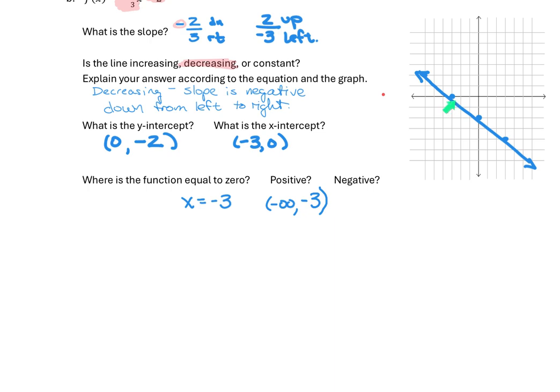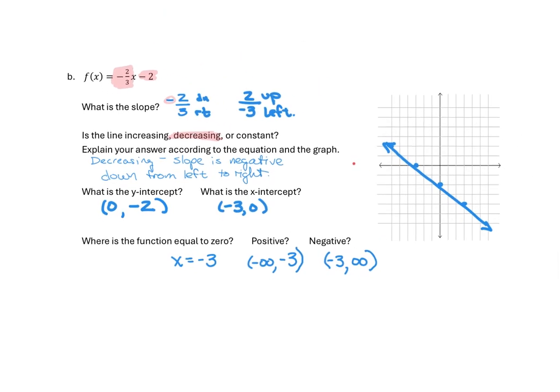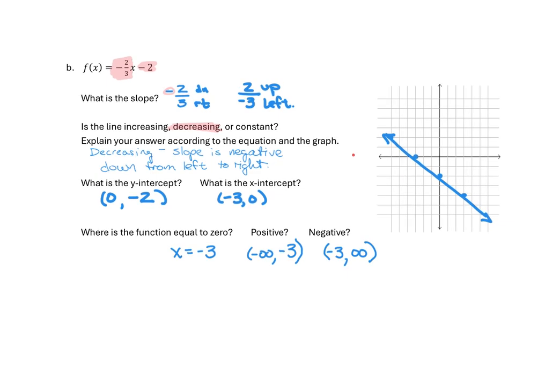And so we are below the x-axis when our x values are to the right of -3. And so we are negative, starting at -3, not included again, going towards positive infinity. All right, that is example B.